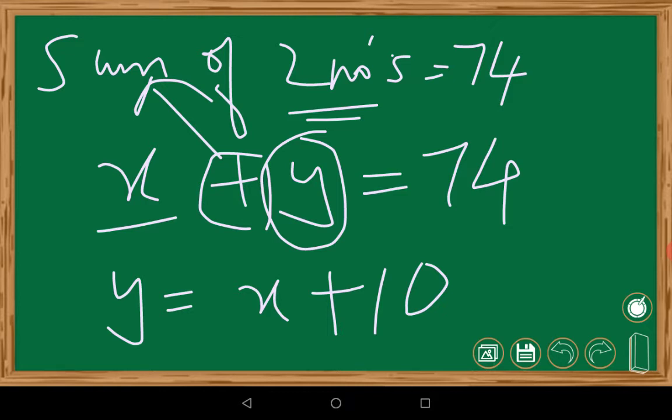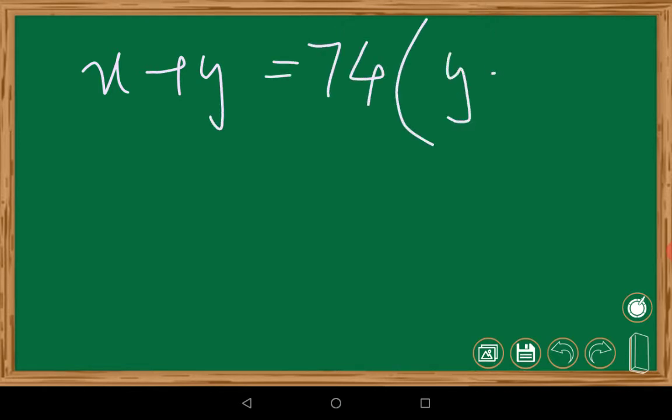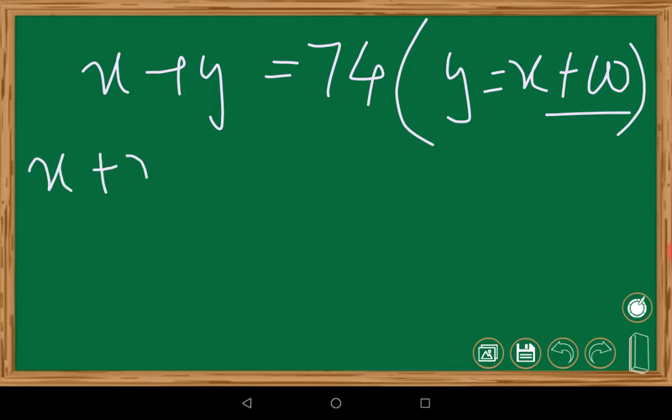Because one number is 10 more than the other. You understood why I have written x plus 10. Now instead of y I can write x plus 10, so x plus x plus 10 is equal to 74.